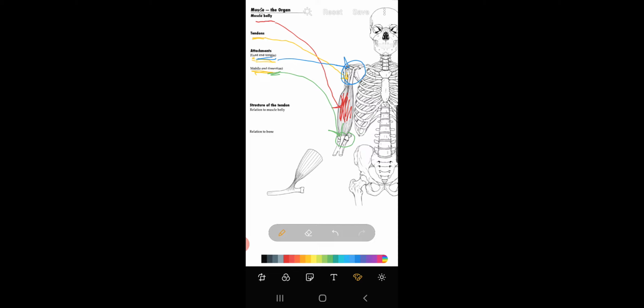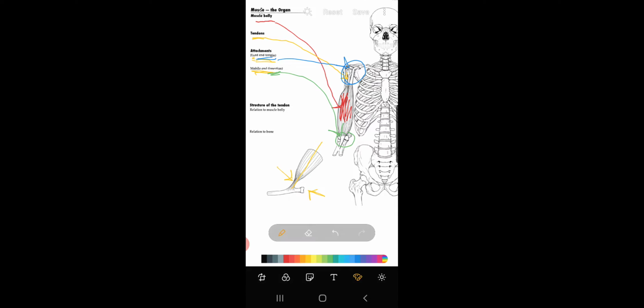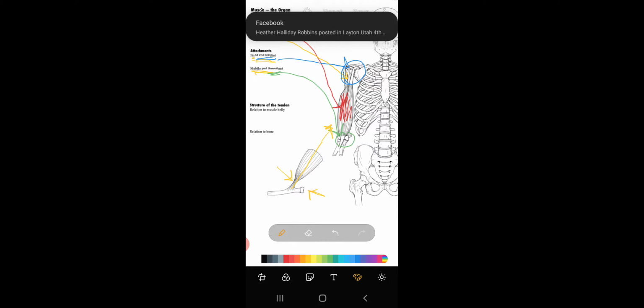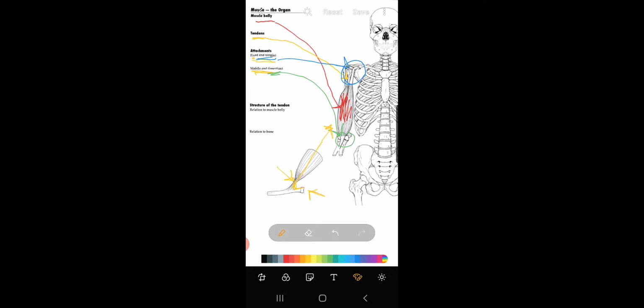Let's just say that this is a bone here, and this is your tendon. This tendon is going to run its fibers all the way through the muscle until it attaches at the opposite end, where it either originates or inserts. So both directions, you're going to have tendon tissue running through your muscle belly.